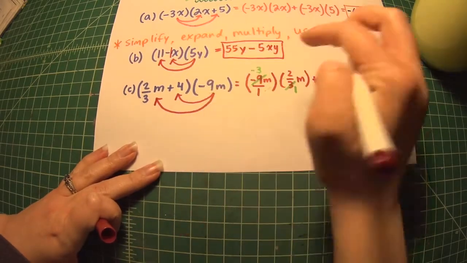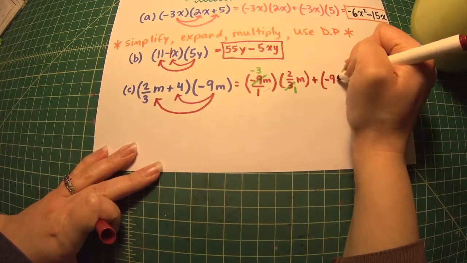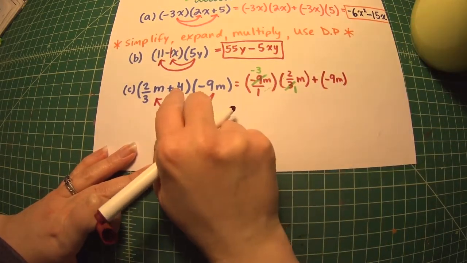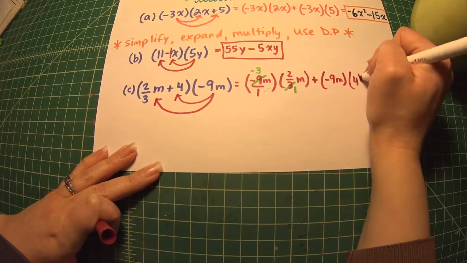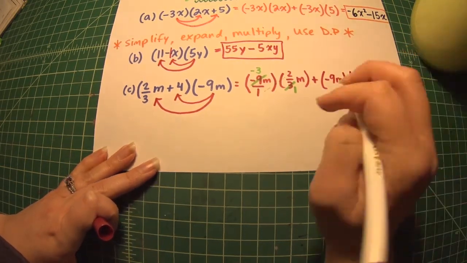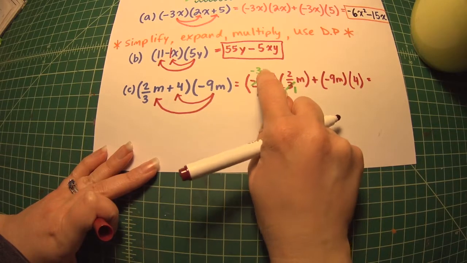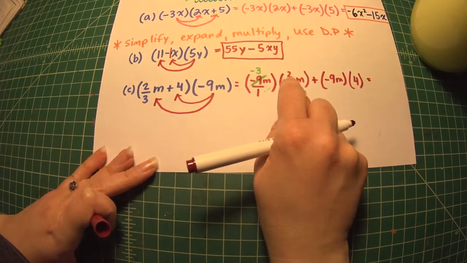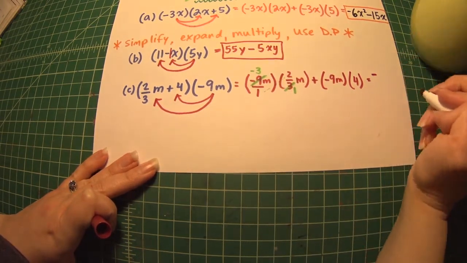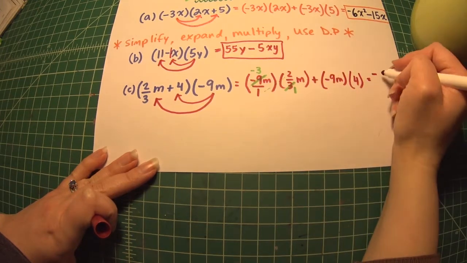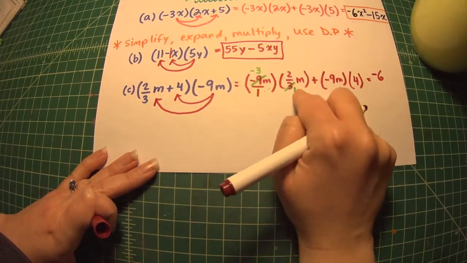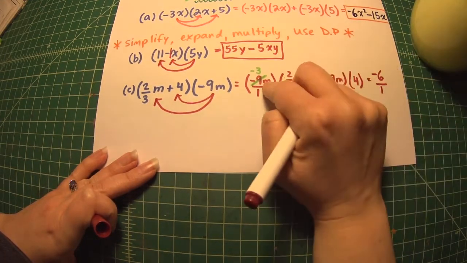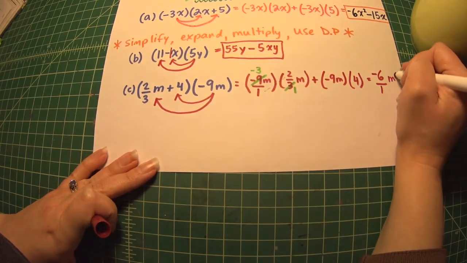So back to our monomial, negative 9m times positive 4. Now we can go top times top, so negative 3 times 2, mismatch, so negative. 3 times 2, 6. 1 times 1 is 1, and m times m squared.